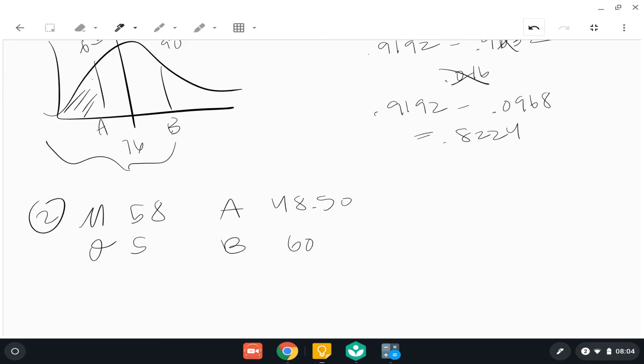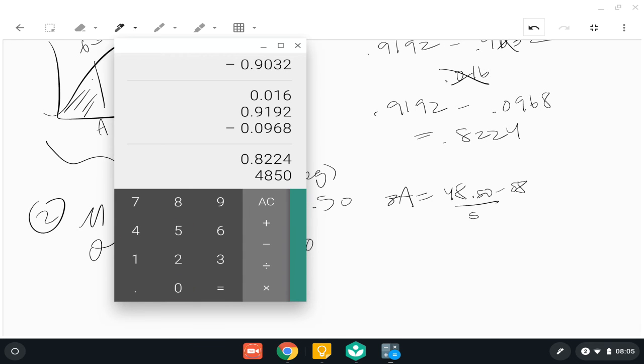Okay, so ZA equals, this is going to be a negative number, 48.5 minus 58 divided by 5 equals negative 1.9.